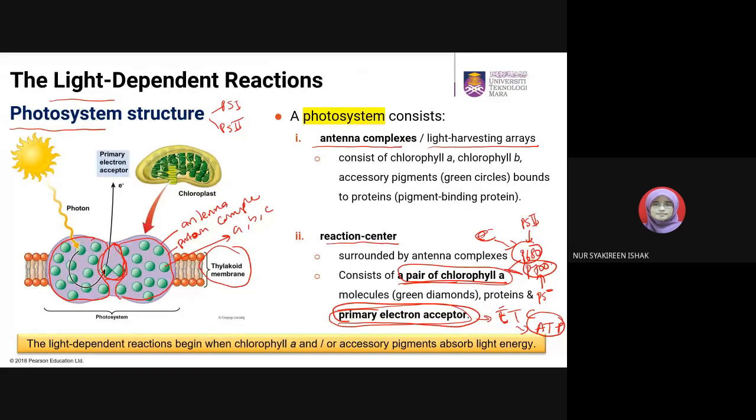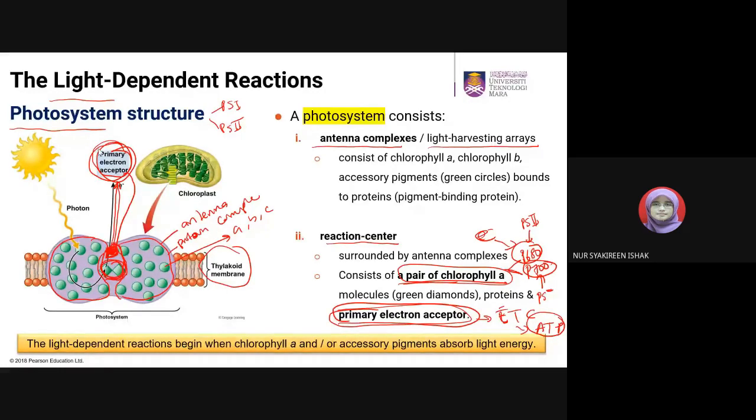So reaction center inilah special pair of chlorophyll A and primary electron acceptor. Kena imagine sebenarnya dia dalam sini, dia kat sini. Okay, dia letak kat luar ni nak menunjukkan yang daripada chlorophyll A ni akan release highly energized electron. Okay, highly energized electron, so dia akan release with high energy. So dia nak tunjuk energi electron tu sangat tinggi dan dia akan diterima oleh primary electron acceptor.